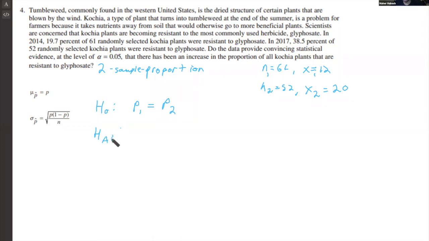The alternative could be greater than, less than, or two-tailed, but in this case, they think that there has been an increase in the proportion of plants. So they are claiming P2 is greater than P1. Now that's important because that last thing we have to put on our test, P1 less than P2. That's the test we're going to deal with. And then you click calculate. What it gives you is the z-score, how many standard deviations away those are from each other. And then it tells us the probability. What's the probability you guys see there?